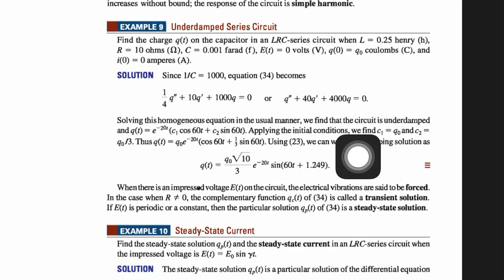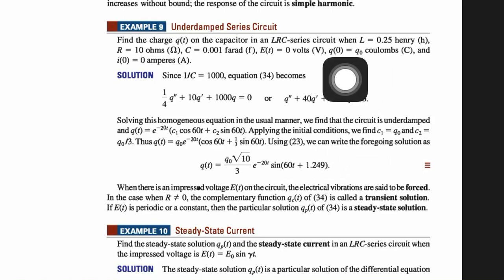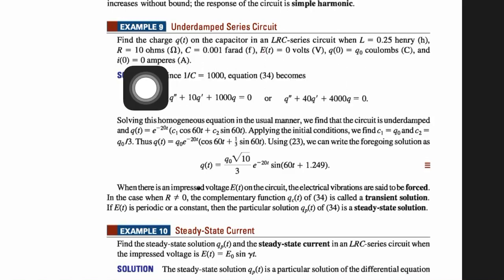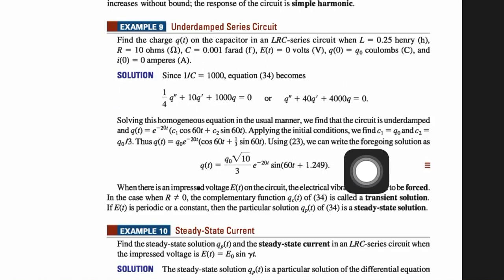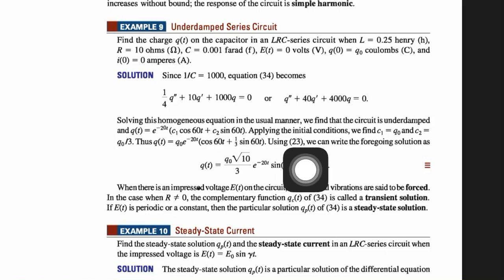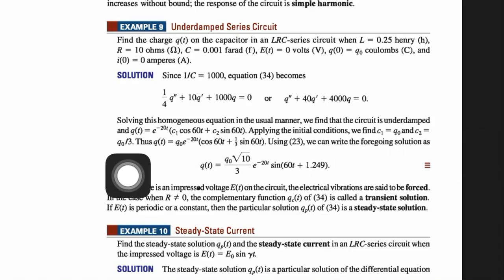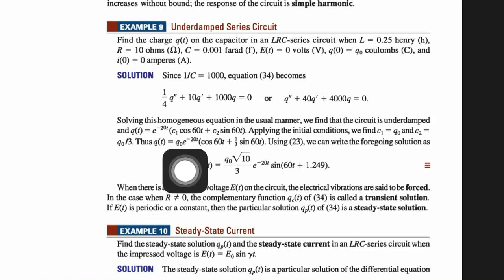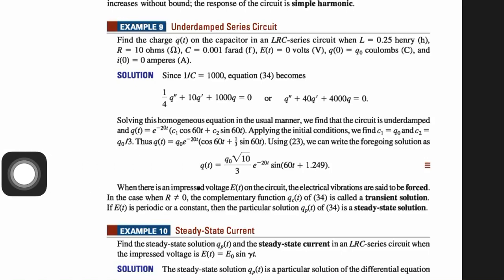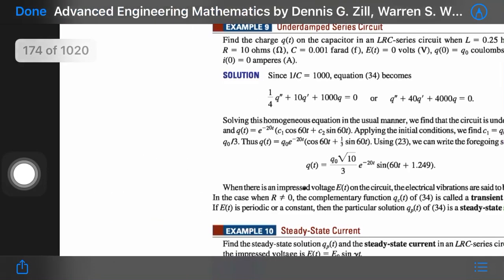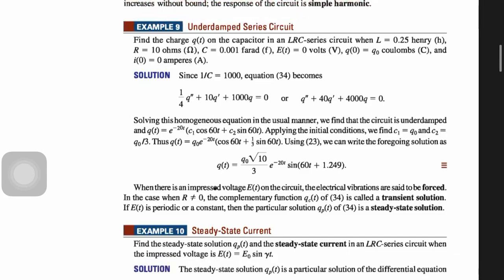Applying the initial conditions q of 0 equals q naught and i of 0 equals 0, we get C1 equals q naught and C2 equals q naught over 3. Putting these values in, q of t equals q naught e to the power minus 20t times cos 60t plus 1 over 3 sin 60t.